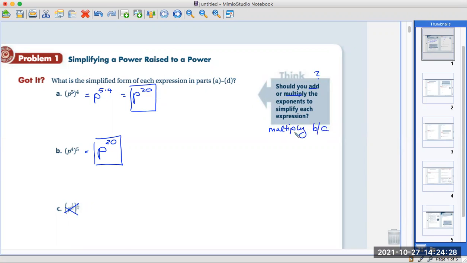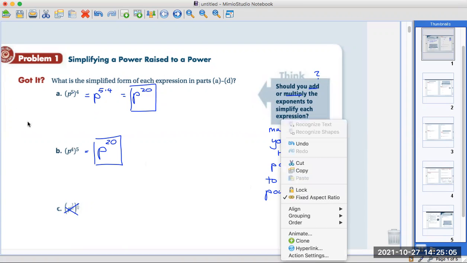Because you are raising a power, which is in the parentheses, p to the 5th, to another power, which is 4. I won't put that in parentheses because you'll be confused. Why is it in parentheses?